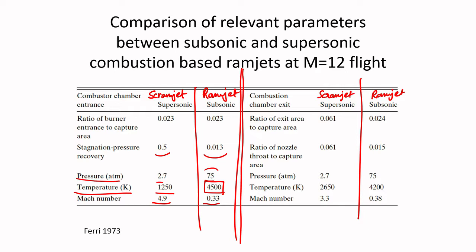So you have to have combustion in supersonic flow if you are operating at a high Mach number limit. But then it poses a big challenge, because supersonic combustion is not easy to achieve.